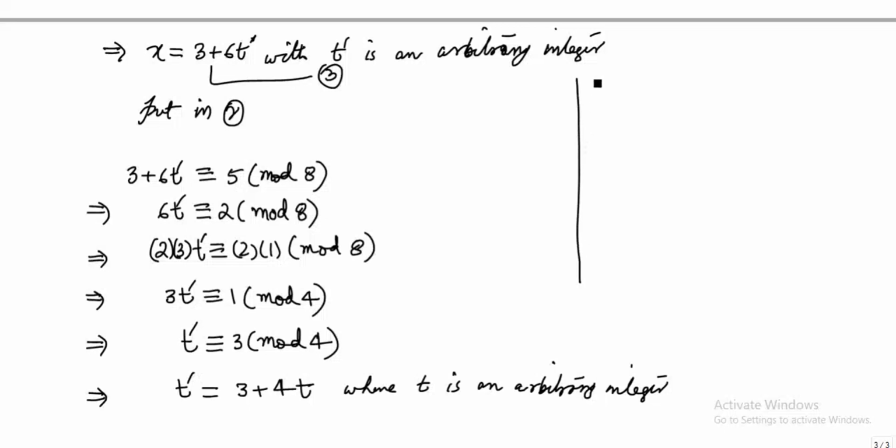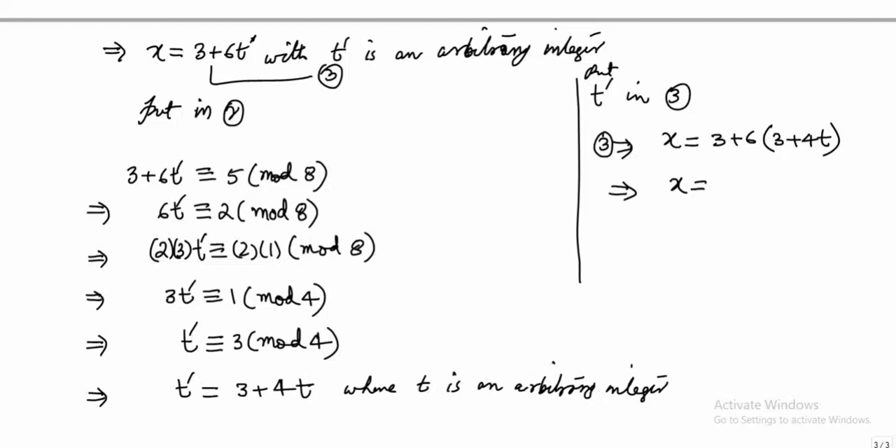Let me put t prime in 3. Now equation 3 implies x is equal to 3 plus 6 times 3 plus 4t. So x is equal to 3 plus 18 plus 24t. So in that case x is equal to 21 plus 24t.